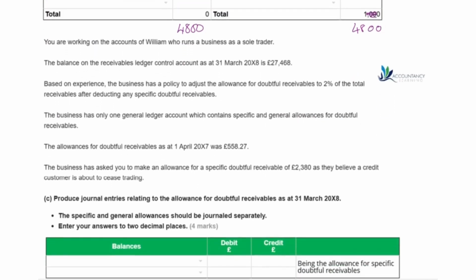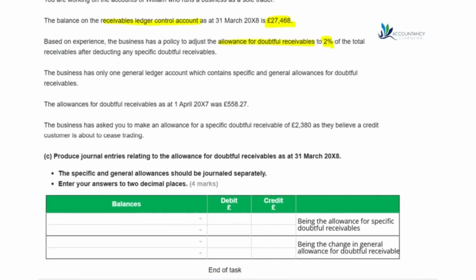You're working on the accounts of William, who runs a business as a sole trader. The balance on the receivables ledger control account as at the 31st of March X8 is 27,468. Based on experience, the business has a policy to adjust the allowance for doubtful receivables to 2% of the total receivables after deducting specific doubtful receivables. The business only has one general ledger account which contains specific and general allowances for doubtful receivables.